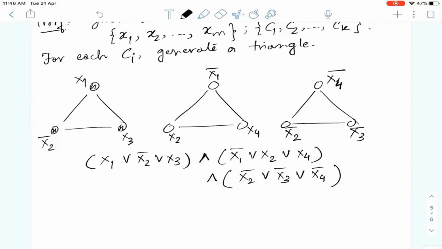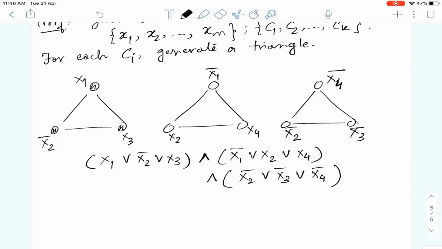Okay, good. So the intuition is the following: remember, if you look at any assignment, both x1 and x1 bar cannot be 1. If x1 is 1, then x1 bar has to be 0.